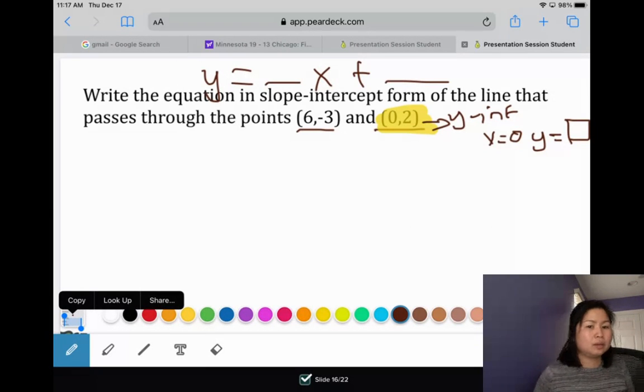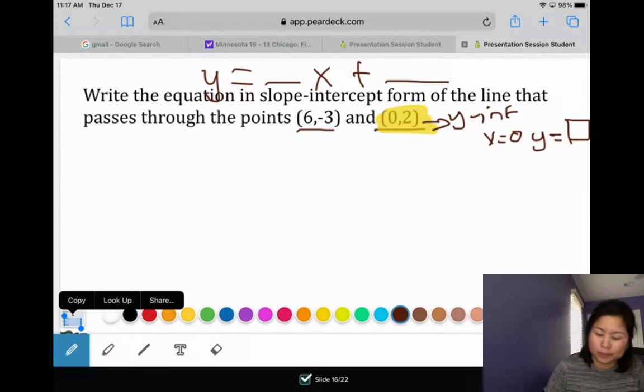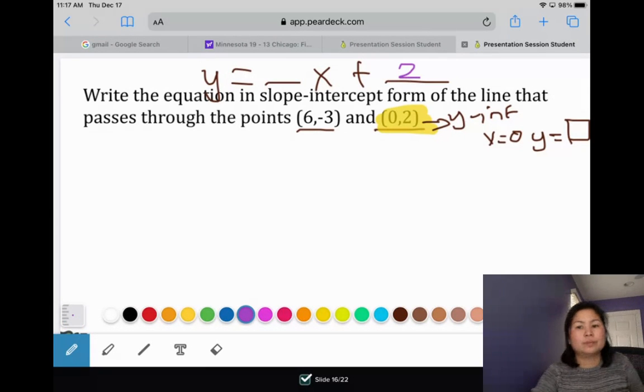Can you tell me? Put it in the chat or unmute. Let me know. What do I do to find the slope? Because that's what I'm missing right now. Still waiting.